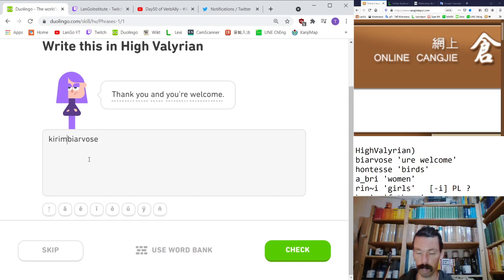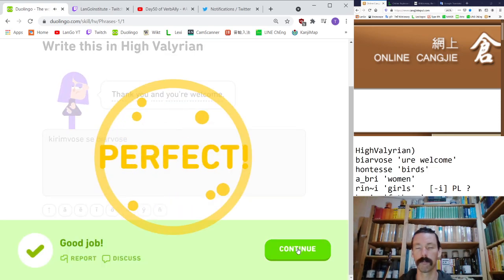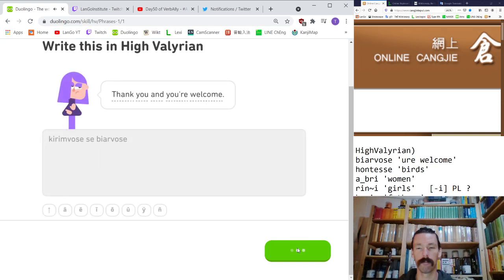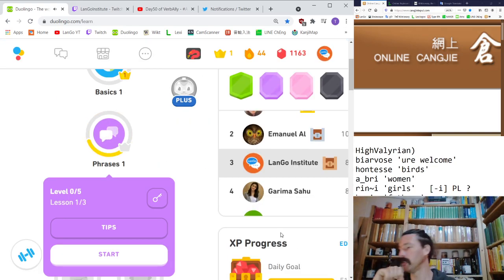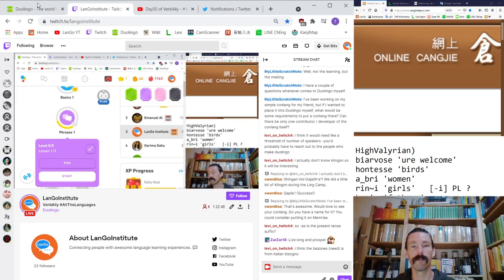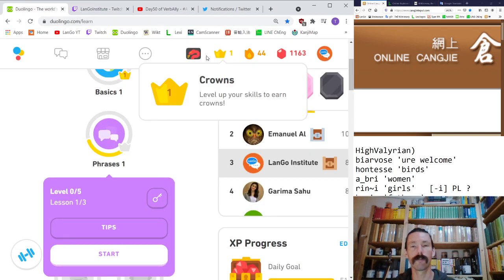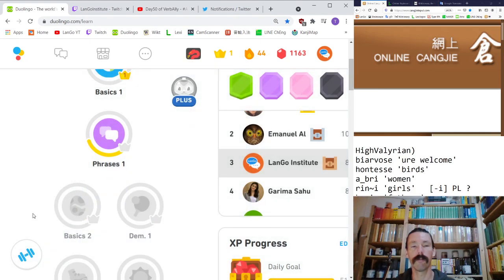Some repeated bits here. Kirimvose se biarvose. Should probably trill those R's longer. Let's do some Klingon again.